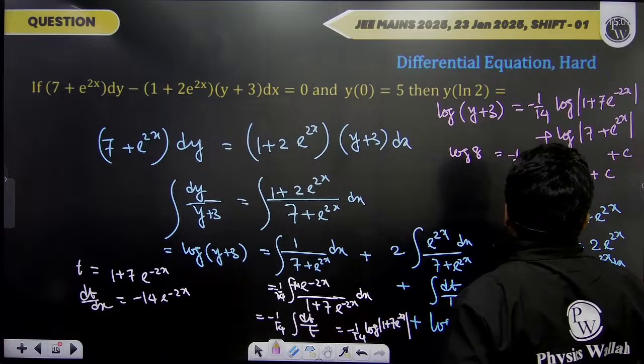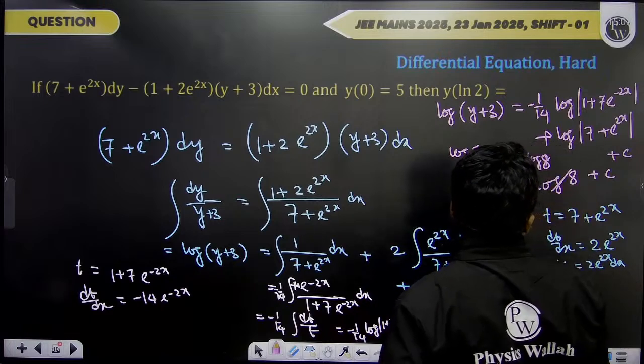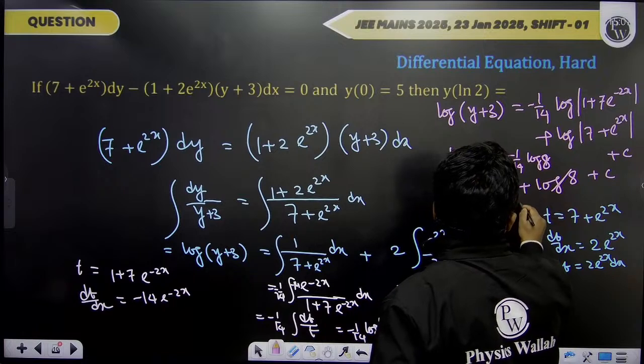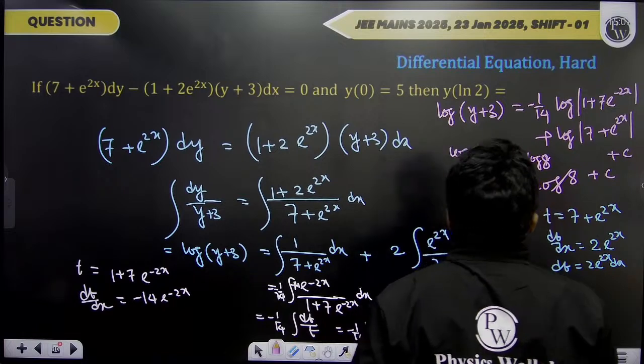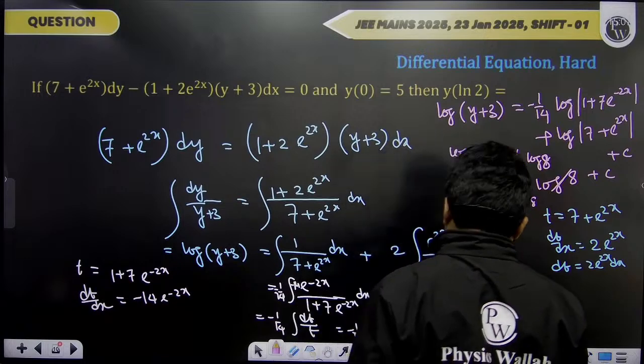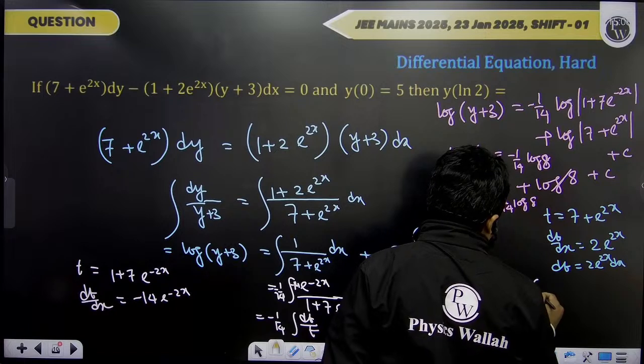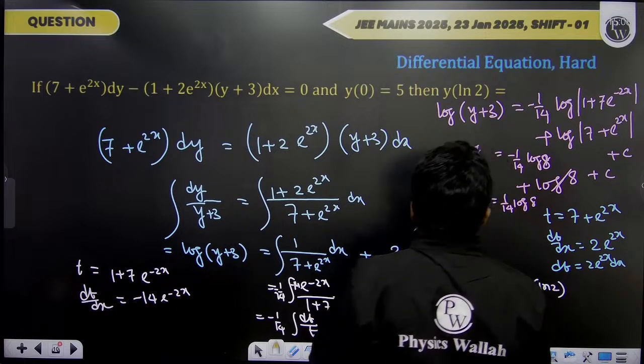Okay. So therefore c is equal to 1/14 into log of 8. And then they are asking what? y of log 2.